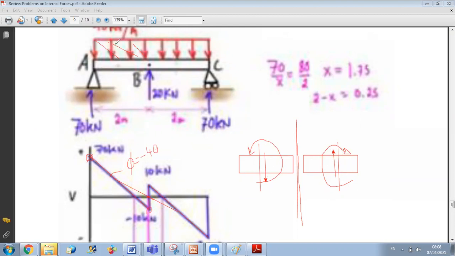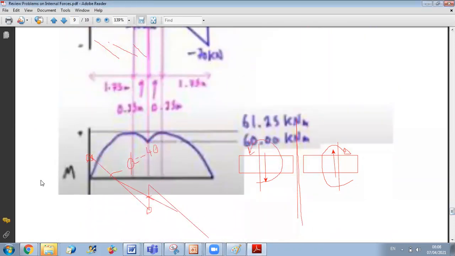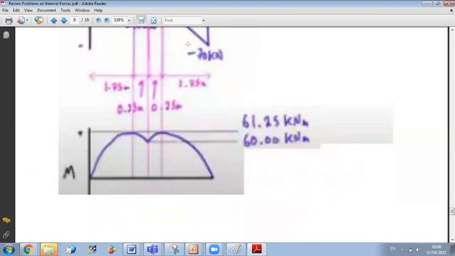This is why when we draw the bending moment, it will be symmetrical with respect to this axis, which is the opposite case of shear. So when you have a symmetry in your load and also a symmetry in your support, you can draw half of the variation and deduce the other half.